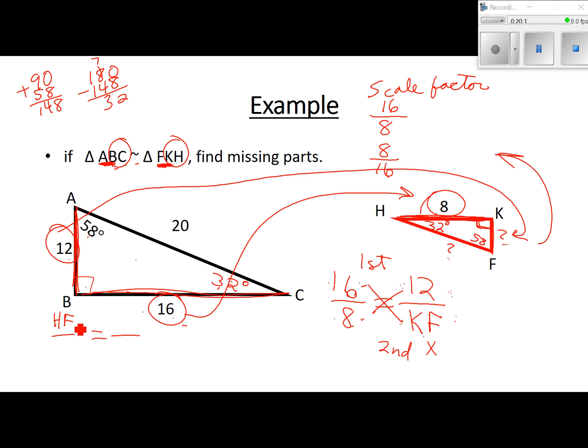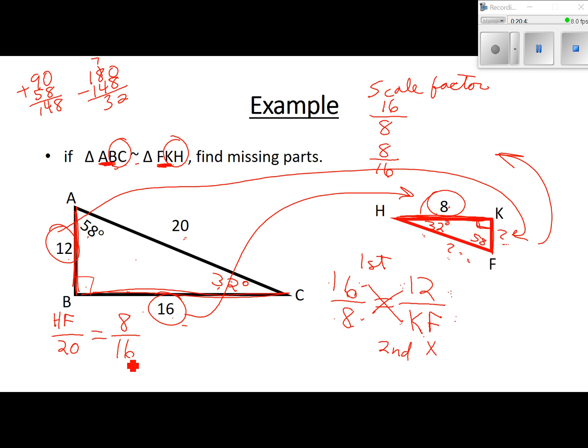Well, HF in this triangle matches up to 20 in this triangle, so HF over 20 equals, and then since I started this on this side over here, we got to continue starting over here, so our top number on this other one's got to be the 8, and we know it matches up to the 16.